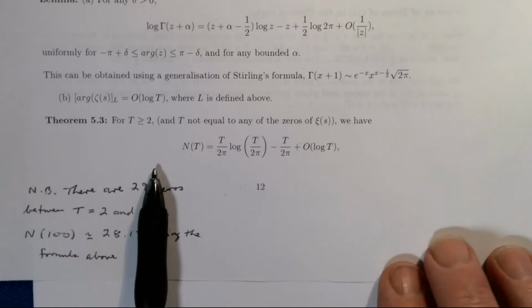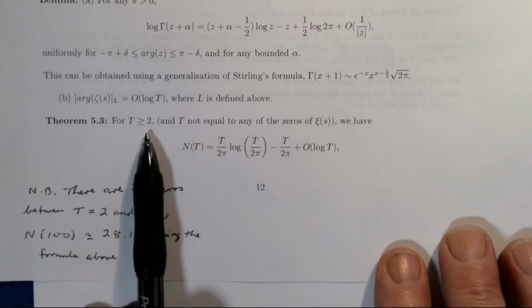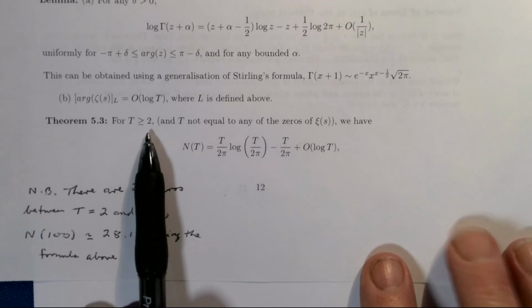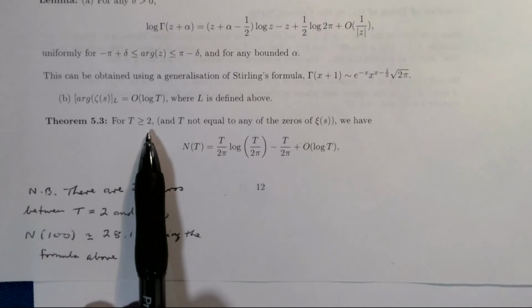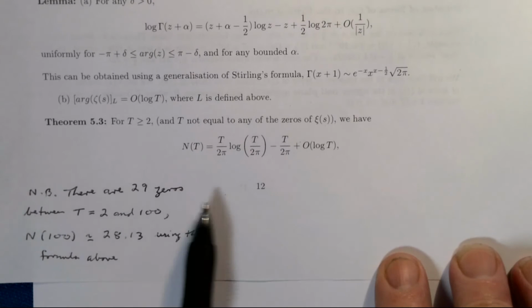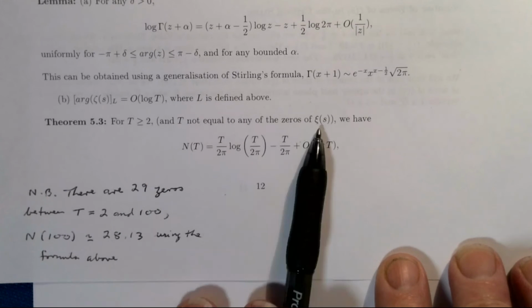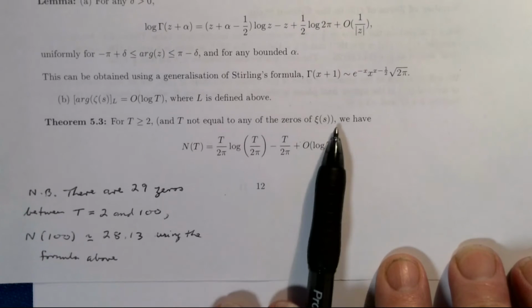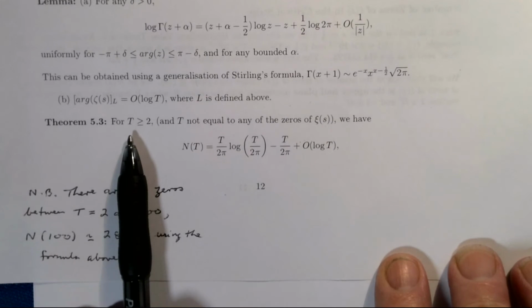It says if t is bigger than 2, t, remember, was how far up the line 2 plus it, or minus 1 plus it, you went in that rectangle. So t not equal to any of the zeros of psi. Well, there aren't any anyway in the bits that we're looking at.